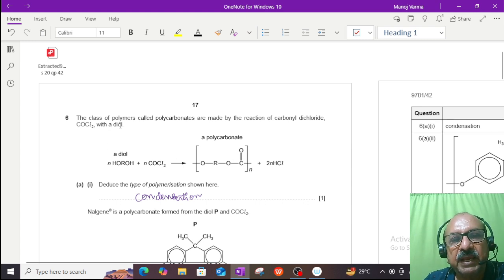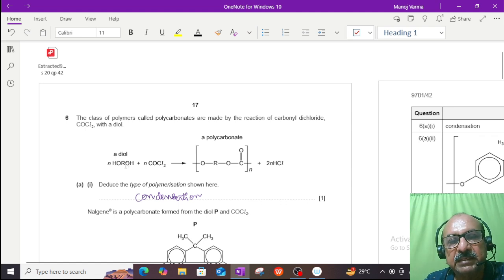The question says the class of polymers called polycarbonates are made by the reaction of carbonyl dichloride COCl2 with a diol. So you see, this is a diol.